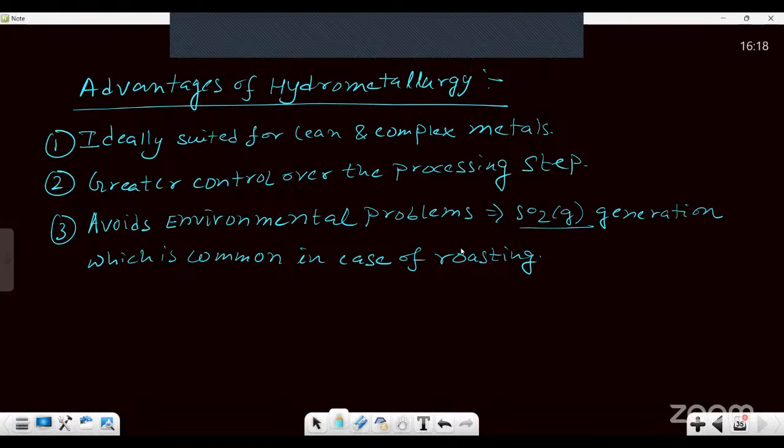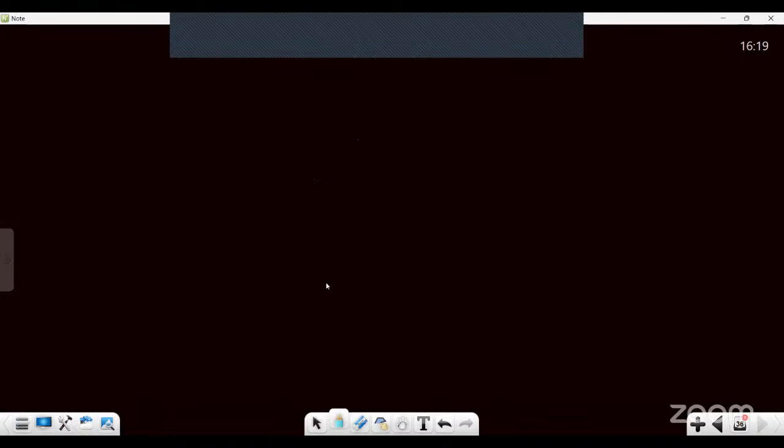And it avoids reduction by coke, which is a costly reducing agent. So these are some of the advantages of using the hydrometallurgical route.